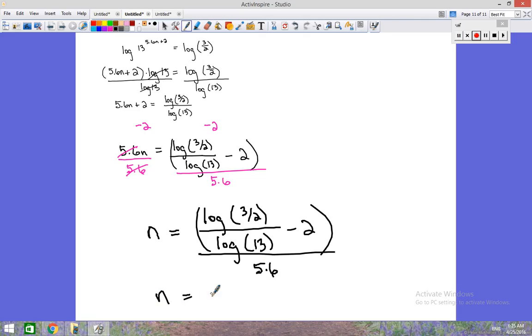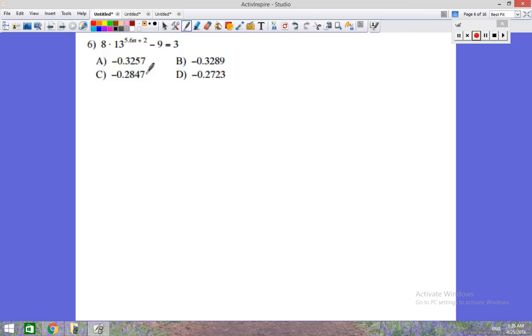So if I haven't made, again, any silly sign errors or copied something down incorrectly from one line to the other, I am getting negative 0.3289. Choice B.